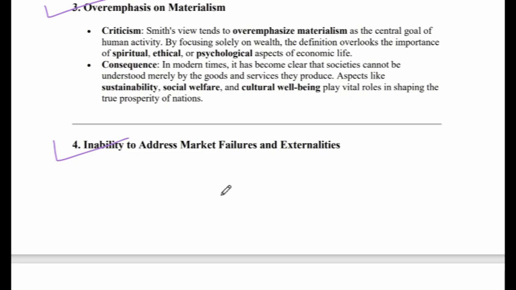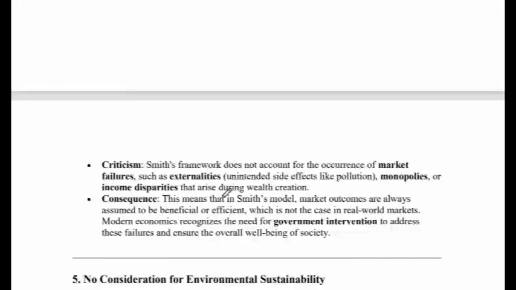Inability to address market failures and externalities. Smith's framework does not account for the occurrence of market failures such as externalities, which means unintended side effects like pollution, monopolies, or income disparities that arise during wealth creation.